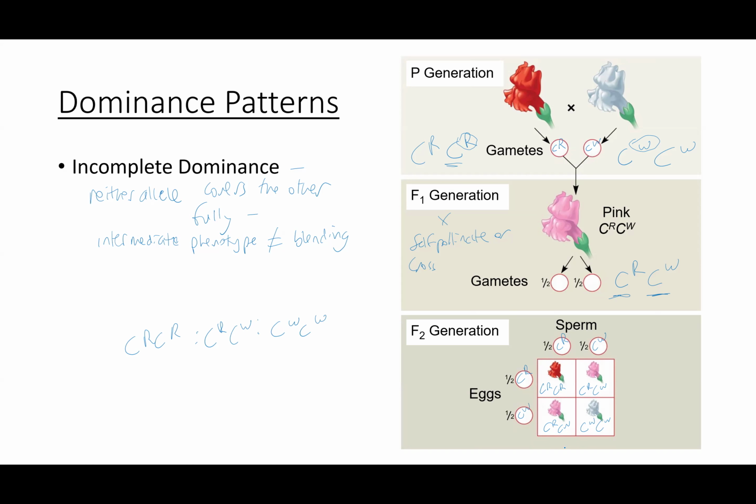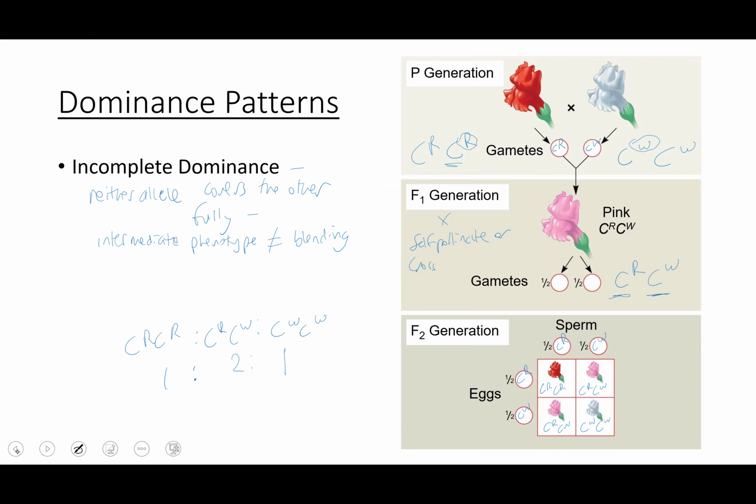How many are CR? Okay, let's have more than one person give the answer. Yes, one. You can hold up your fingers. How many are CW? Two. And how many are CW? There's only four, so we can do that. 1 to 2 to 1 would be our genotype ratio.